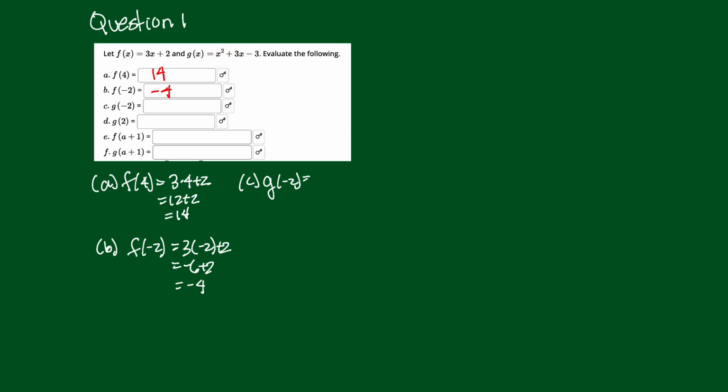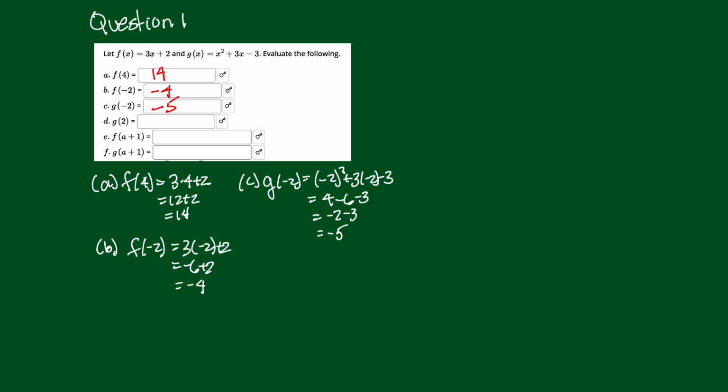Let's write it out. I'll get quantity negative 2 squared plus 3 times negative 2 minus 3. So I'll get 4 minus 6 minus 3. 4 minus 6 is negative 2, minus 3. That's negative 5. So let's claim now that this is negative 5.